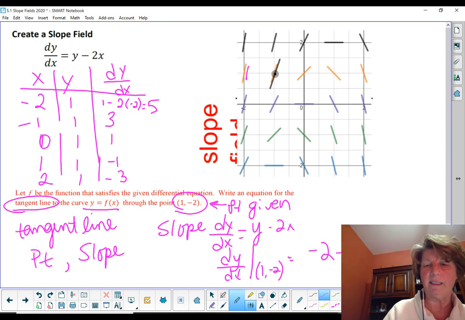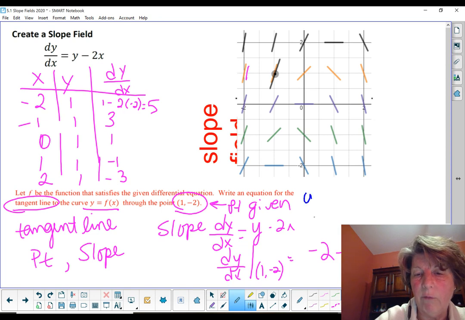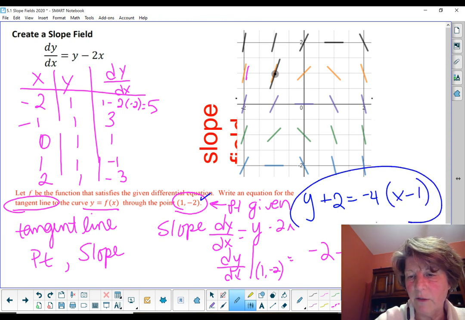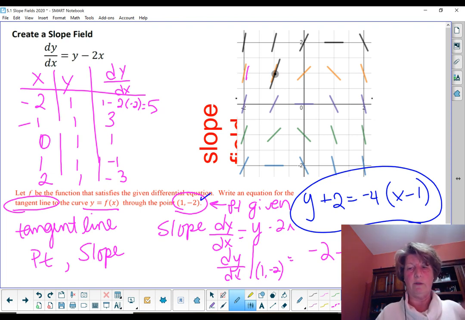Okay, I have the key ingredients to write out the tangent line. I'd have y minus the y value. That's going to become a plus, isn't it? y minus negative 2 becomes y plus 2. And then I'd have my slope, x minus 1. And there's what they're looking for. The tangent line is y plus 2 equals negative 4 times x minus 1.